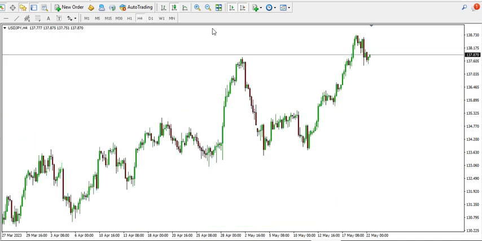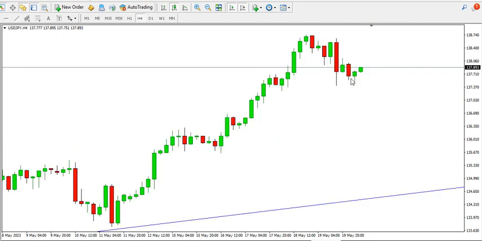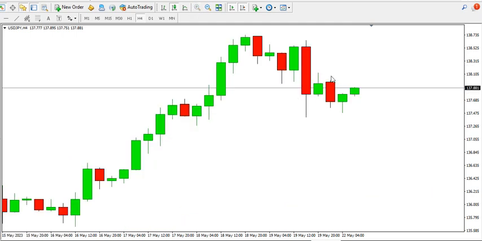The 4-hour time frame is bullish, so you might want to consider buying USDJPY. This is the start of the week, and you can see we have a double bottom. On a break of the neckline of this double bottom, you might see USDJPY going up some more.